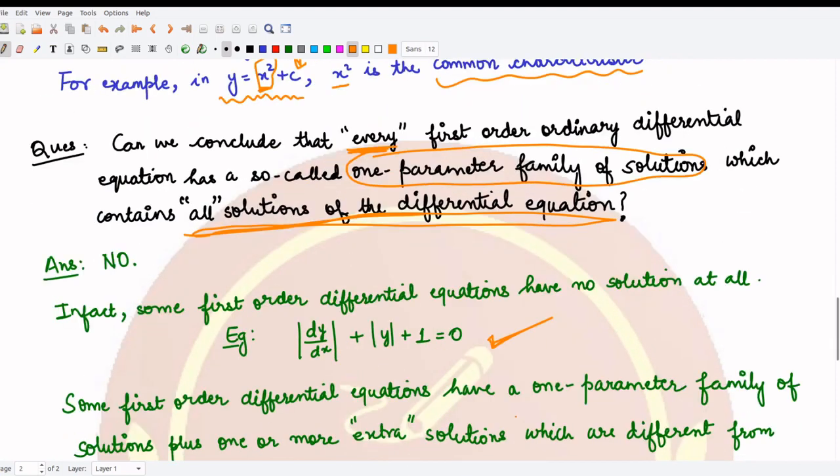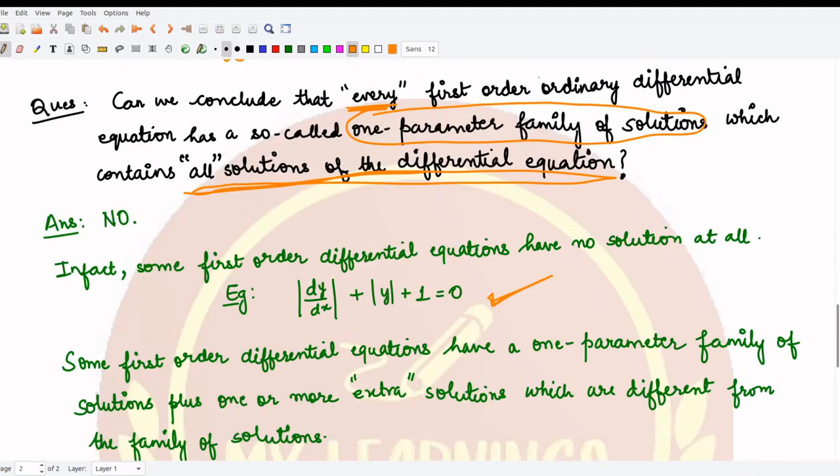Moreover, even if some first order ordinary differential equation has a one parameter family of solutions, that does not mean that all the solutions are present within this family. There might also be some extra solutions which are different from this family of solutions, correct? So it is not true in general that this one parameter family of solutions contains all the solutions.